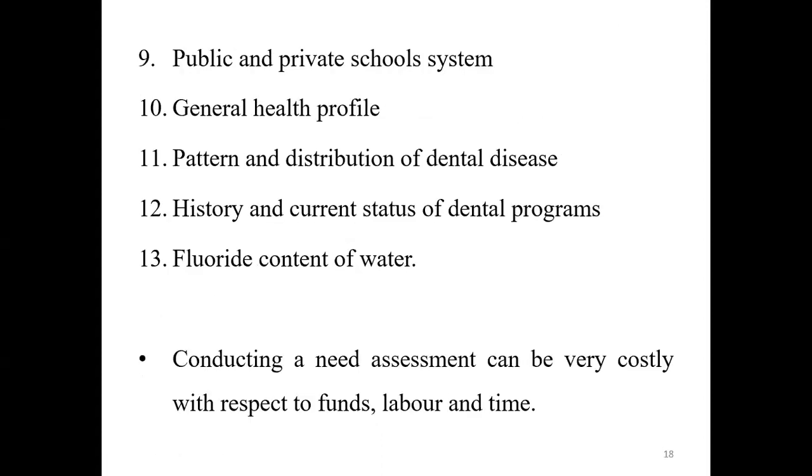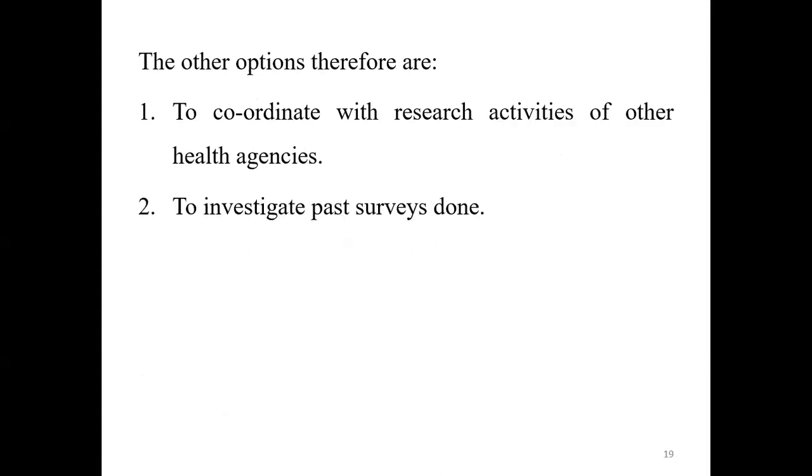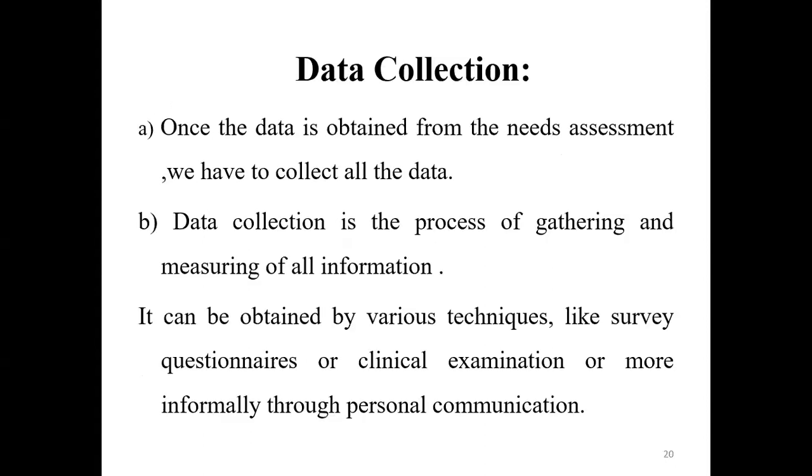Public and private school system, general health profile, distribution of disease, history of dental programs, and the fluoride content. The other options available are to coordinate with the research activities of the other health agencies, and to investigate the past surveys that have been done.